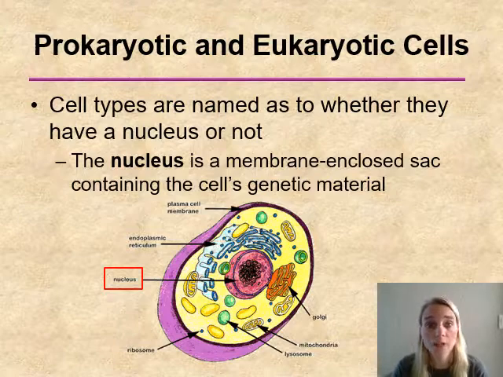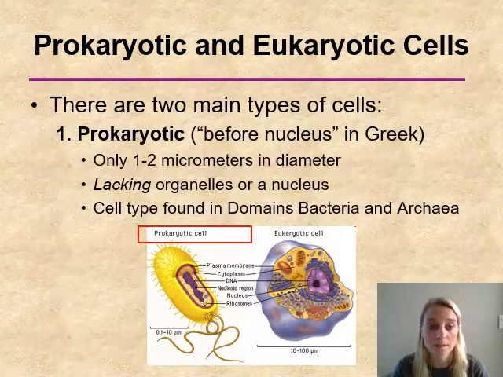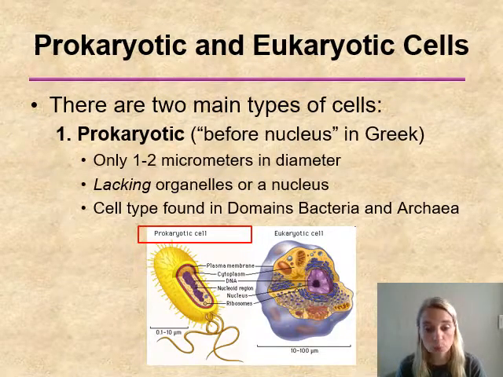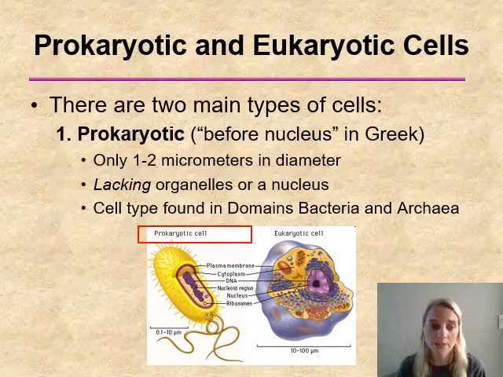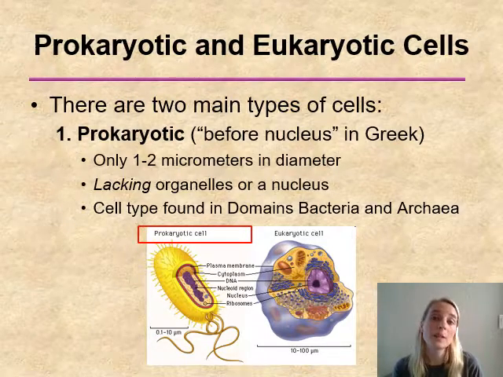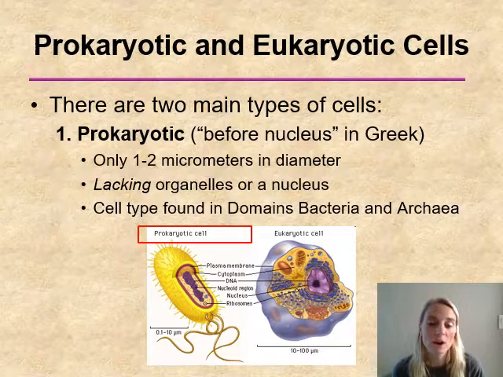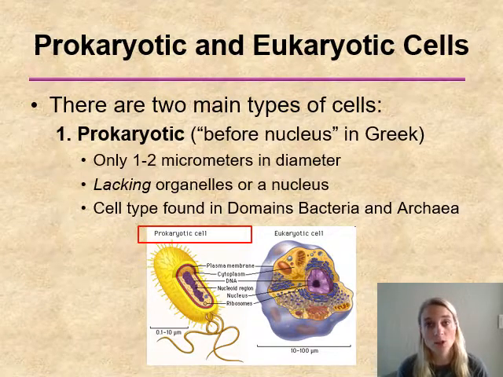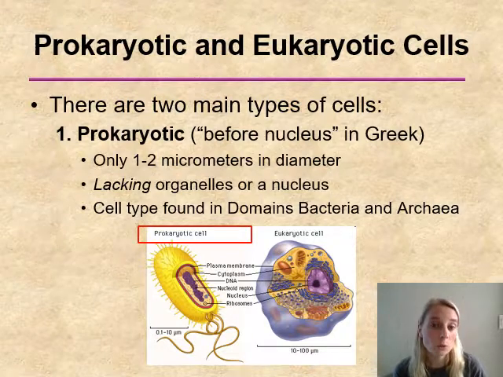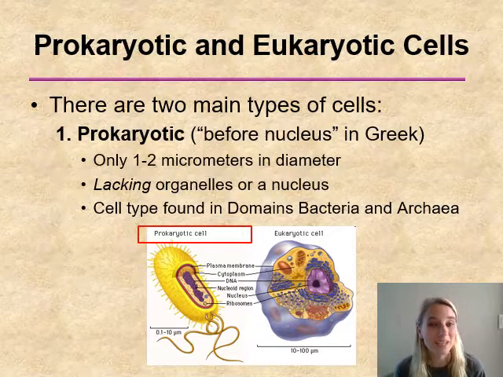So let's take a closer look at the details of each of these. So for prokaryotic cells, before nucleus, like I mentioned, these are typically your bacteria. They are in classification domains called bacteria and archaea. These are small single-celled organisms. They don't have organelles. They don't have a nucleus.